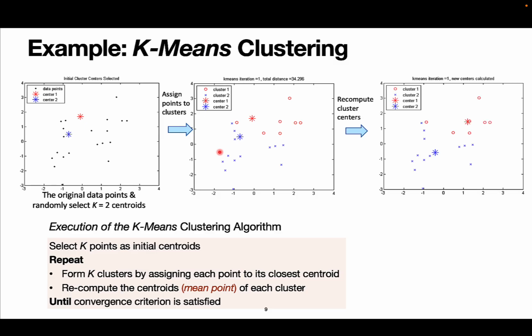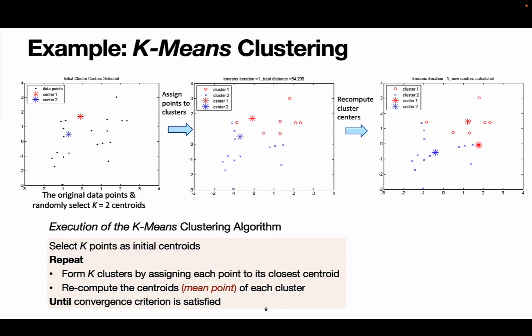Once all points have been assigned, the algorithm recomputes the centroids. That means we take the mean of all of the data points in each cluster. So the red cluster finds its average location, and that becomes the new red star. The blue cluster does the same thing to find the blue star.